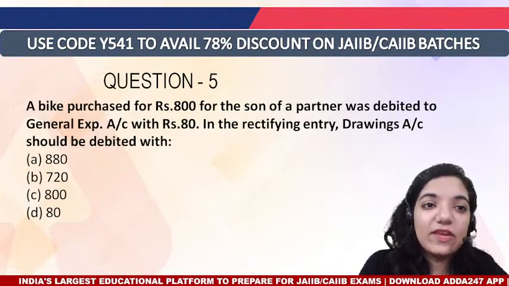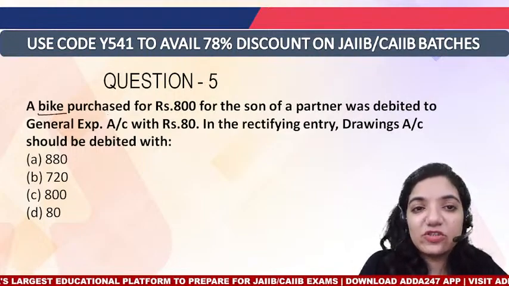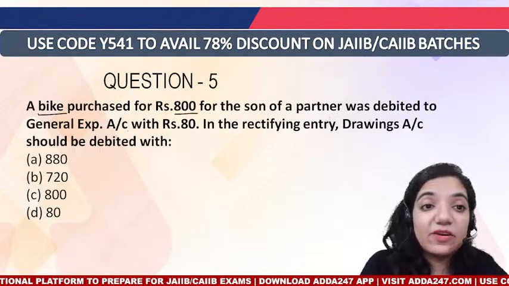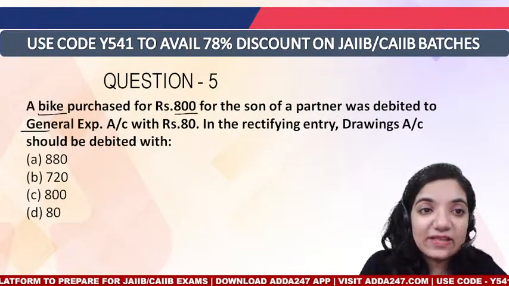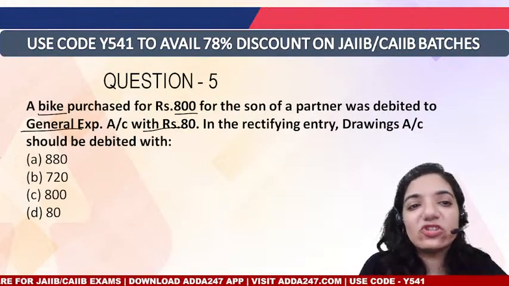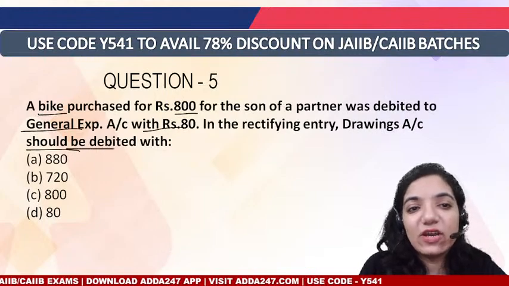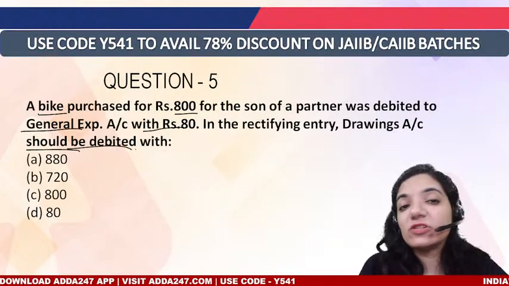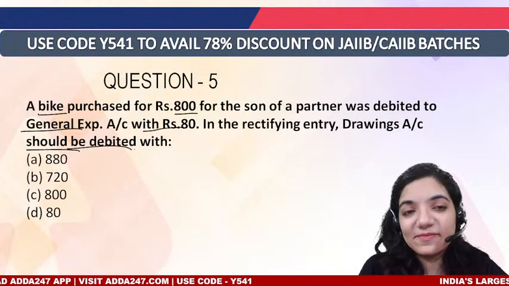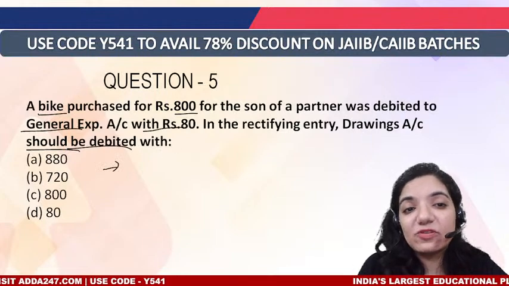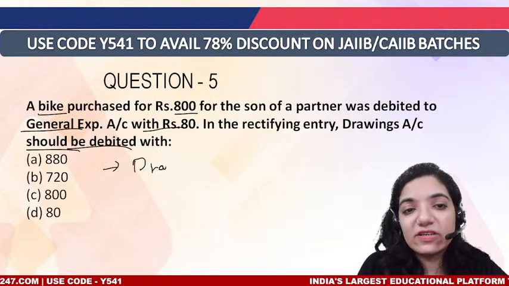Okay. Now the next question. A bike that was purchased for rupees 800 for the son of the partner was debited to general expense with rupees 80. In the rectifying entry, the drawings account is debited with what? If we are passing the rectifying entry, where will we put this amount? Let's talk about it. The bike was purchased for a partner's son.